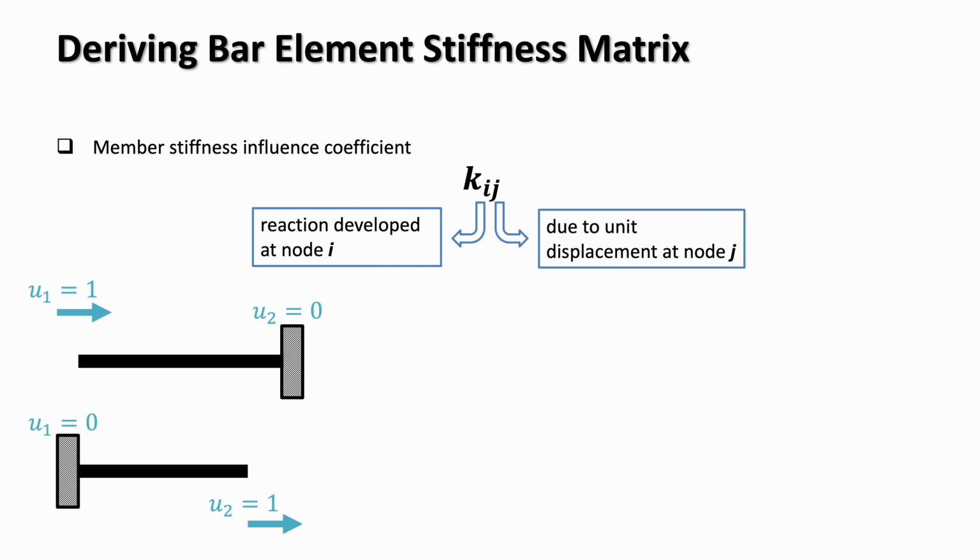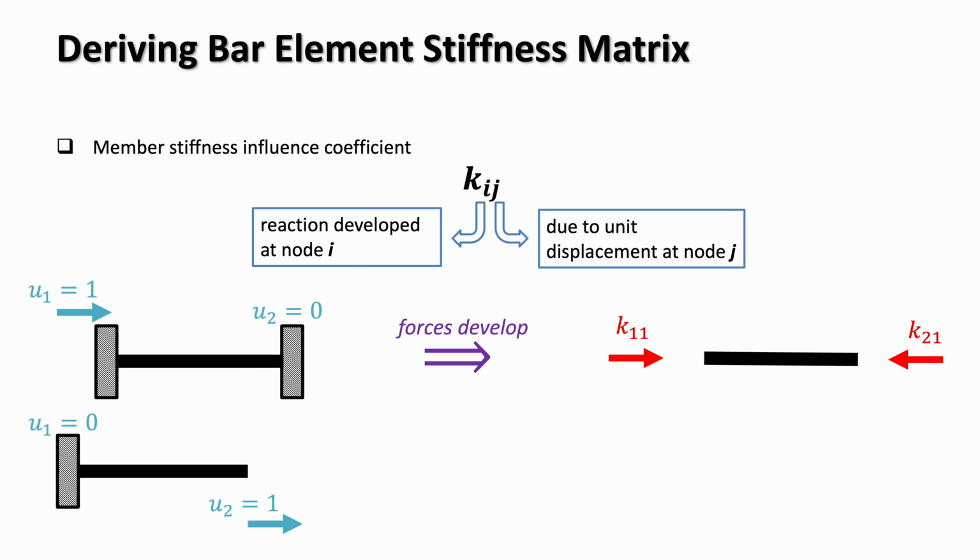We start by applying a unit displacement u1 at node 1 while node 2 is restrained. This generates forces at both nodes. This is the first column of the stiffness matrix, K11 and K21. In each one you can see that it is first the place, so K11 is the force developed at node 1 due to a displacement at node 1, and K21 is the force developed at node 2 due to a displacement at node 1.